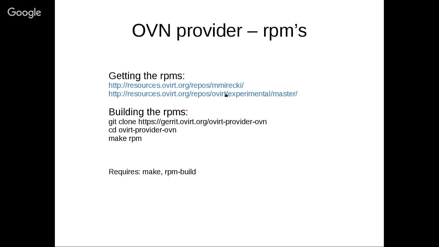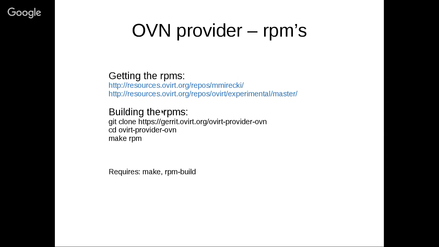Getting the provider RPMs. At the moment, you can use the links shown above to get the provider and VIF driver RPMs. The second one should always point to the latest available version.